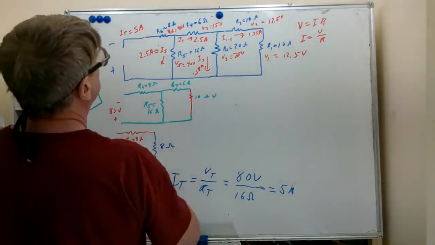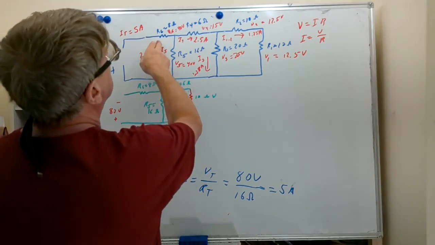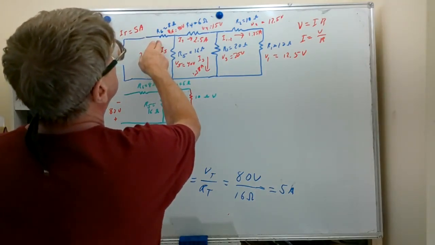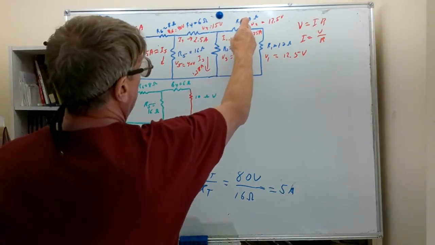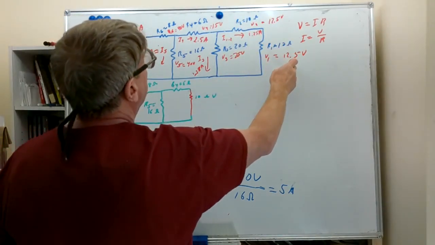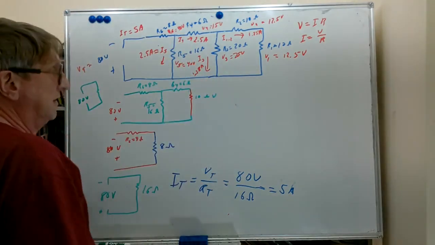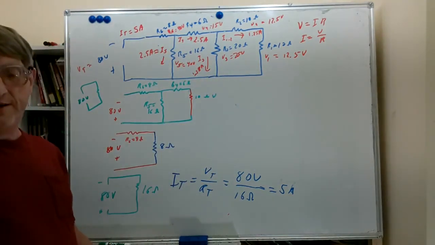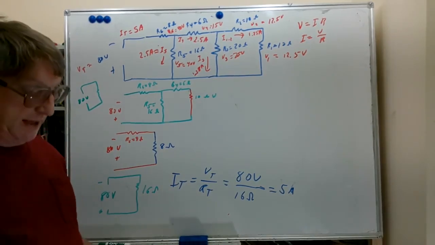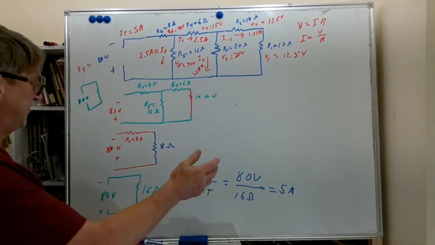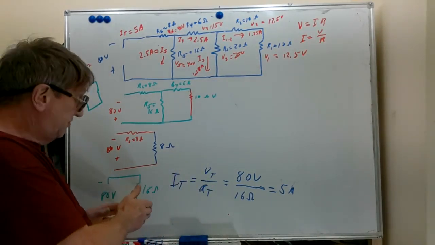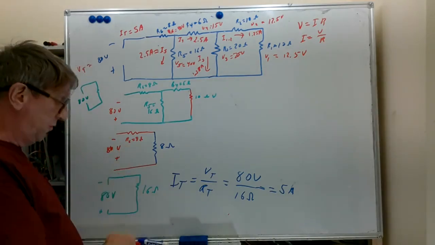How about the voltage? 40 volts, 15 volts, 12.5 volts, 12.5 volts, 25 volts, 40 volts. We've completely solved this circuit, and it took us a little while, but see how by logically breaking it down, we broke it down to this equivalent resistance and worked our way back to the top.